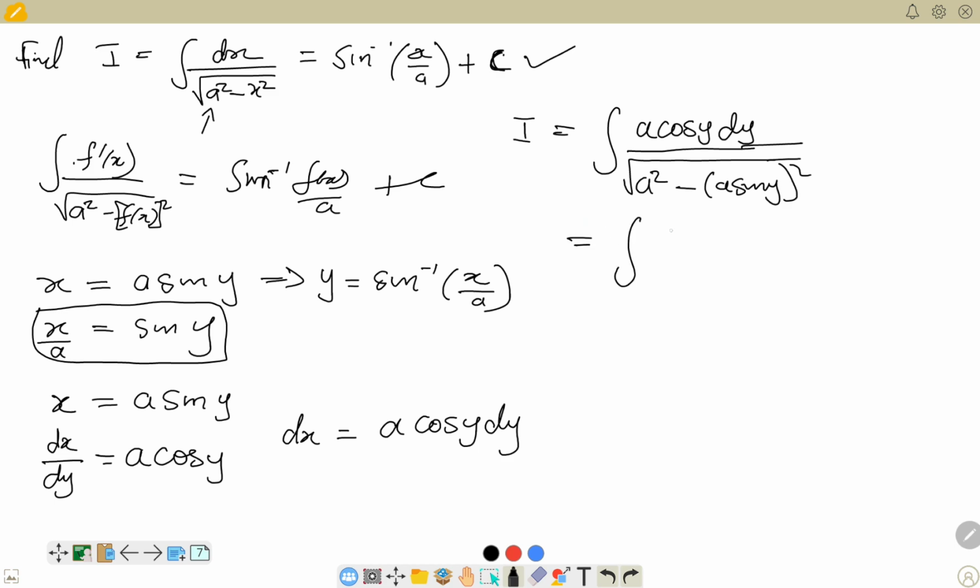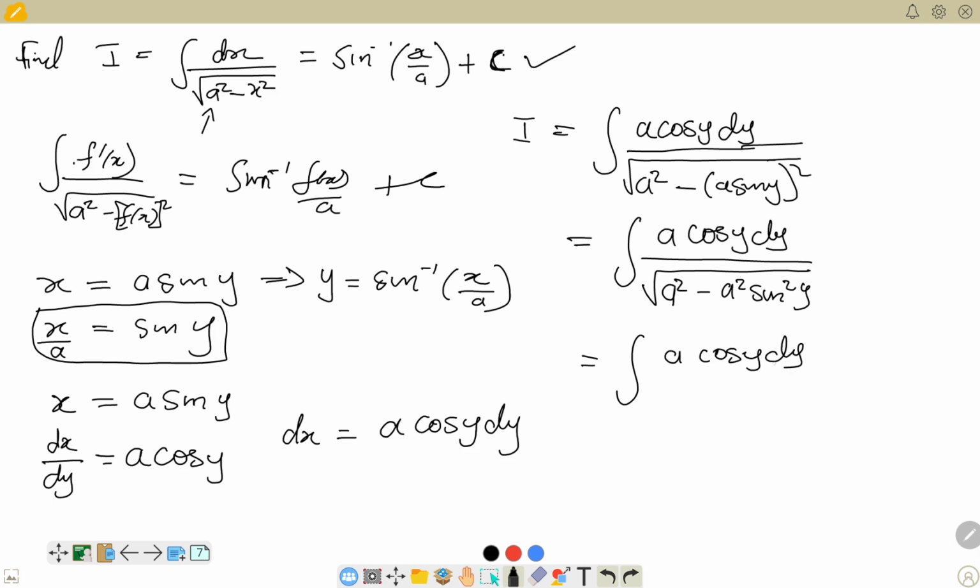Then we can continue to solve. We'll have a cos y dy over the square root of a square minus, squaring there, a square sine square y. We can factor out a square, so it's a square times 1 minus sine square y.